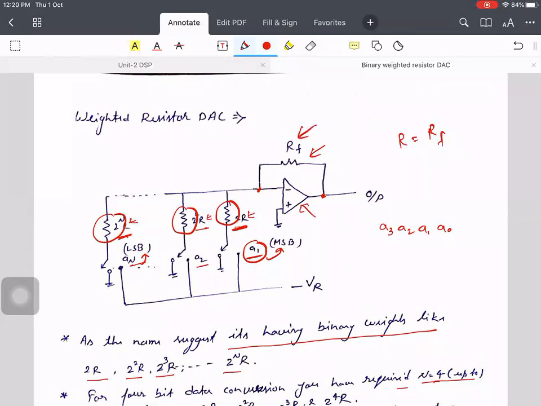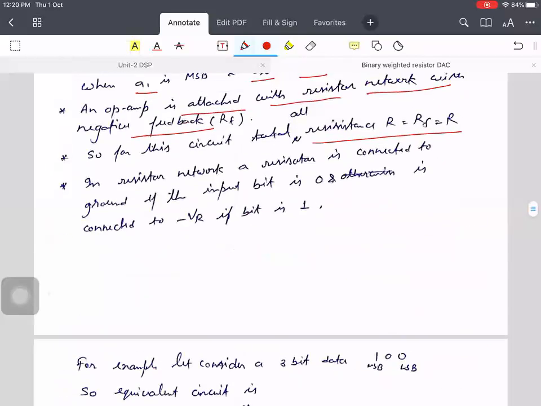The value of R is considered equal to the feedback resistance. So for this weighted resistor we have considered this value.